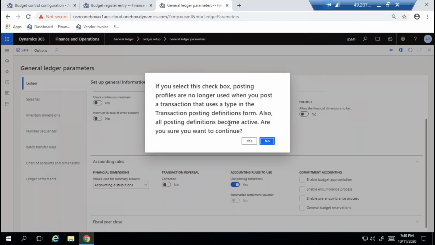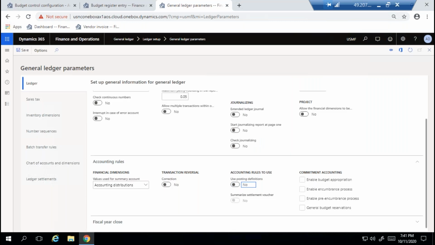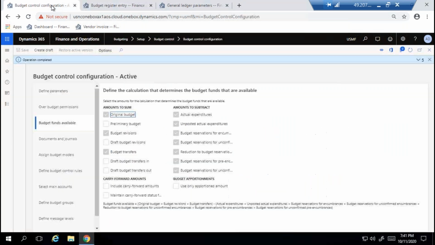Also, all posting definitions become active, or you want to continue. No, I'm not using it. That is public sector related functionality. Understood? So for those public sector related functionalities, these are mandatory. We'll discuss this one tomorrow.